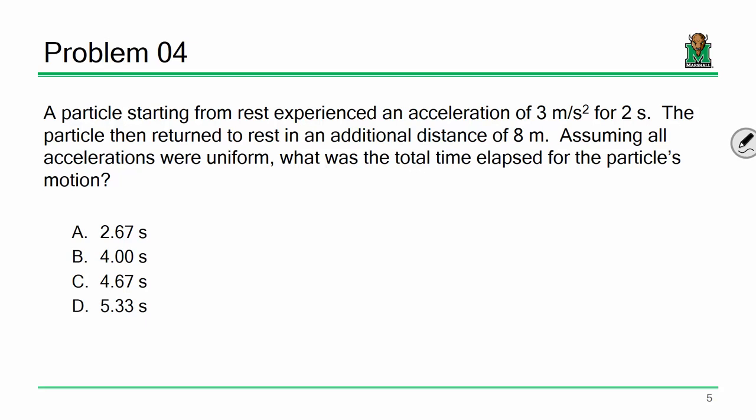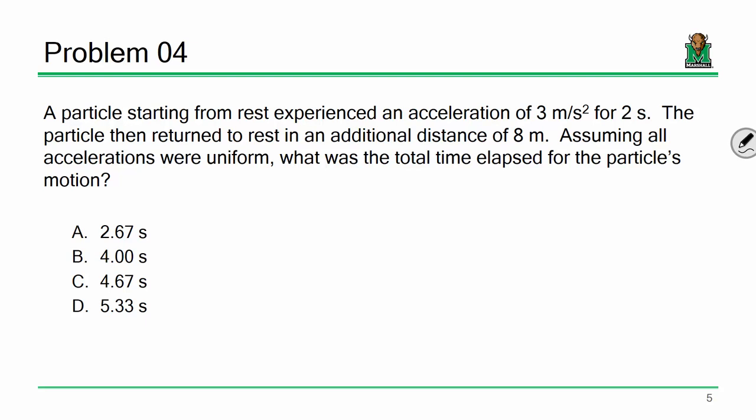Okay, so let's take away a couple things. Number one, it seems that there are 2 events happening with this particle. The first event is that it starts from rest and experiences an acceleration for 2 seconds. And then the next event is that now that it's moving, it goes back to rest over a distance of 8 meters.